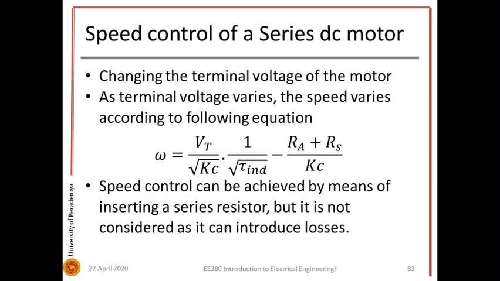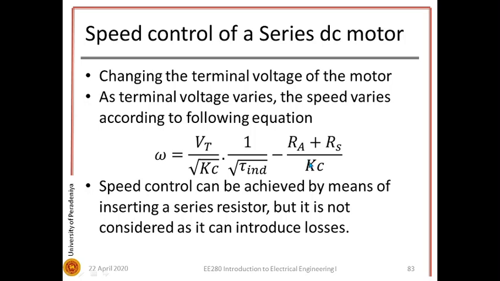Now we will look at speed control of a series DC motor. So when we look at the equation, omega equals Vt over square root Kc times 1 over square root tau induced, minus Ra plus Rs over Kc.